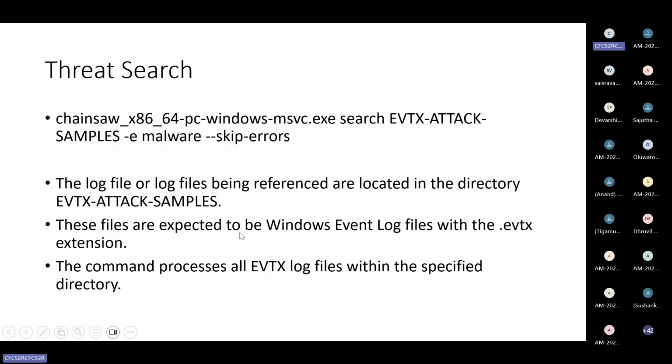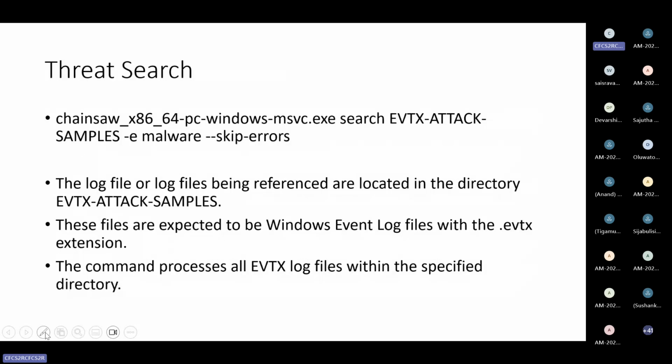These files are expected to be Windows event log files with the .evtx extension, and maybe it can be JSON or XML. Okay, the command processes all EVTX log files in the specified directory. So whatever directory you are giving, the command will process all the EVTX files available inside that folder. So let us break down this command.